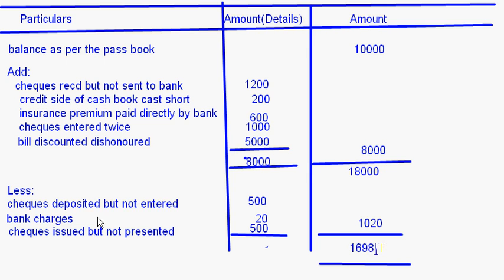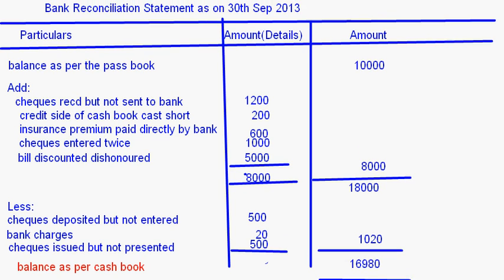This is your answer. So here you can write balance as per cash book is this 16,980, right? So this is how we will do this question, fine.